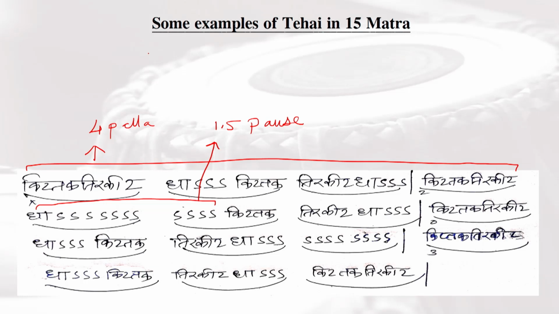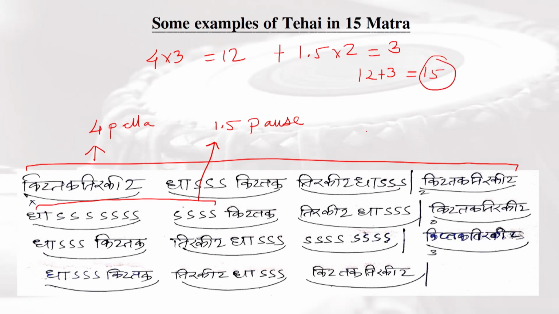Structure will be 3 into 4, 4 into 3, that is 12 matra, plus 1.5 pause into 2, that is 3 matra. So 12 plus 3, we get 15 matra. So this is a simple form of Tehai.